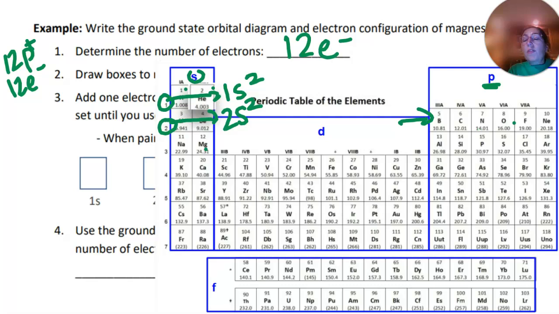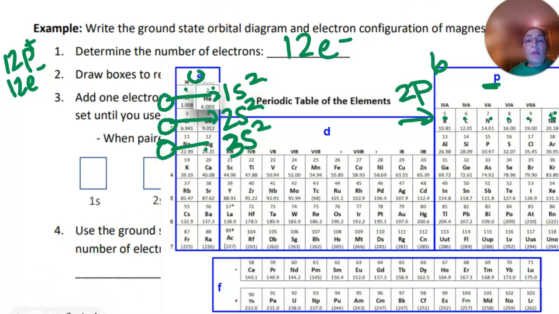So next up, we're going to fill the whole 2p section with its 6 electrons. 1, 2, 3, 4, 5, 6. Now we're at 2, and 2 is 4, and 6 more is 10 electrons. And then to get to magnesium, at the level 3, we'll need to fill the 3s with 2 more electrons. So we've got 1s2, 2s2, 2p6, 3s2.